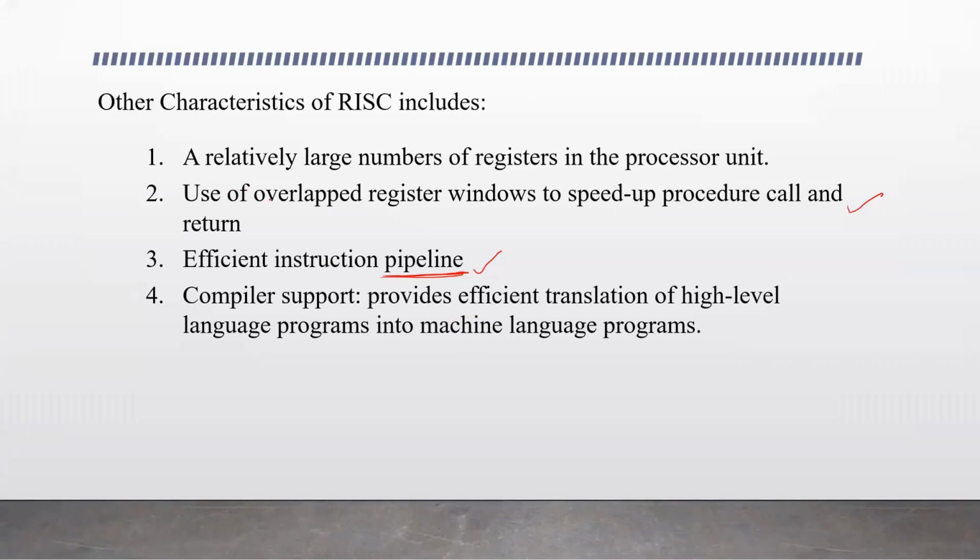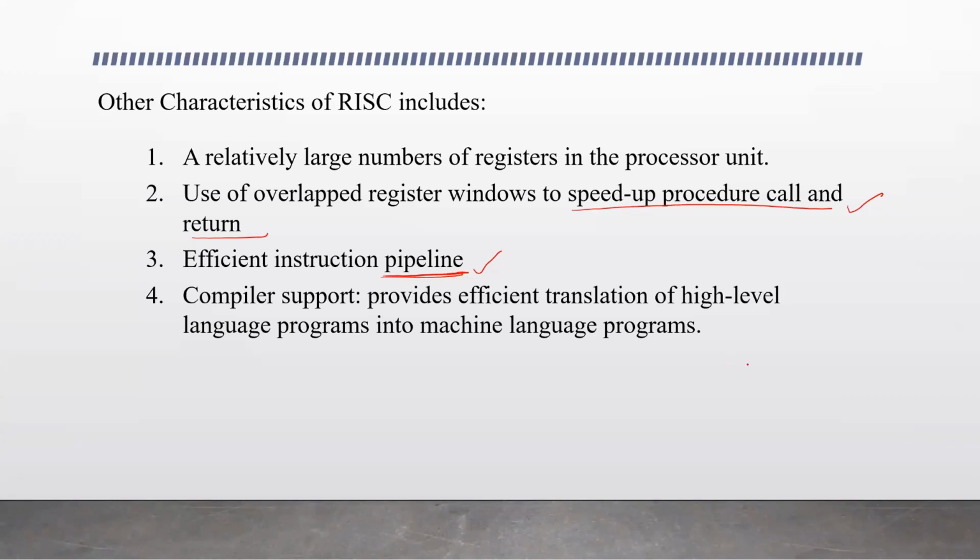And coming to the second point, use of overlapped register windows to speed up the procedure call and return. Consider there is a procedure call. What operations are done before the control branches to the procedure to execute? First, the register values need to be stored, right?